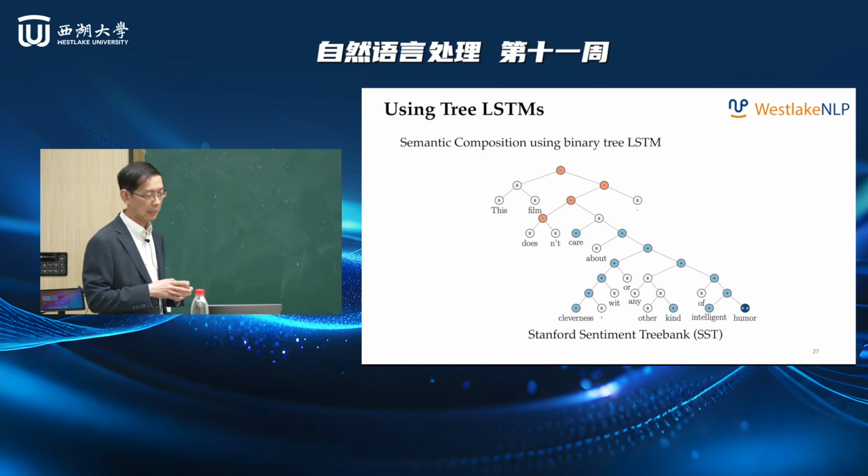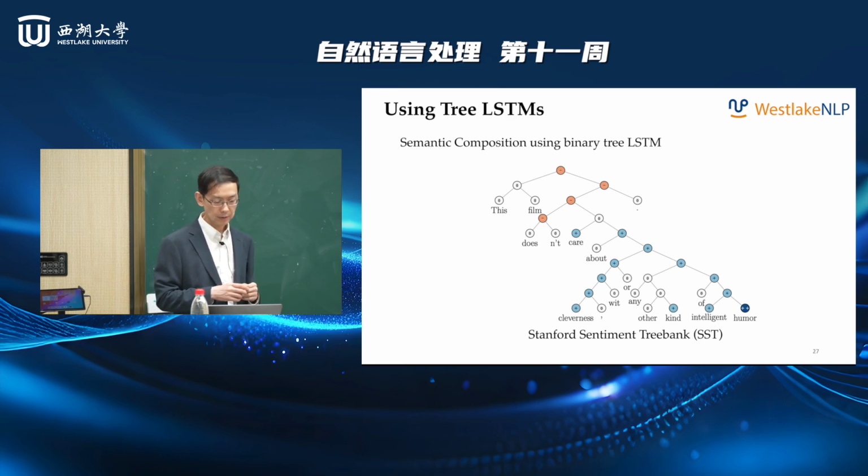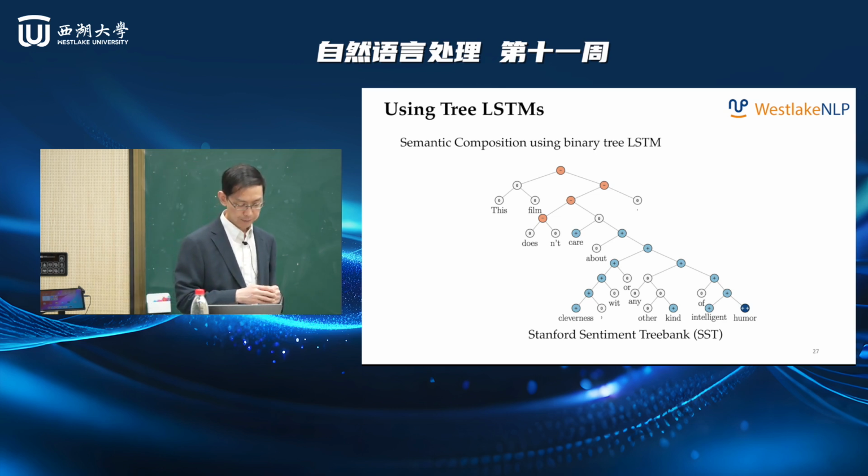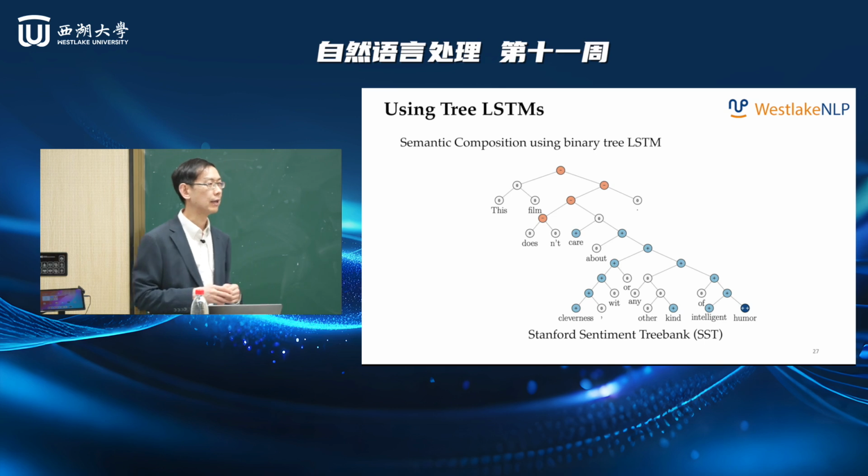All right? And you want to predict the sentiment label on every phrase. For example, the last two words, "intelligent humor," is a positive phrase. Okay? However, if you move up the tree, you realize there is a "doesn't" phrase.